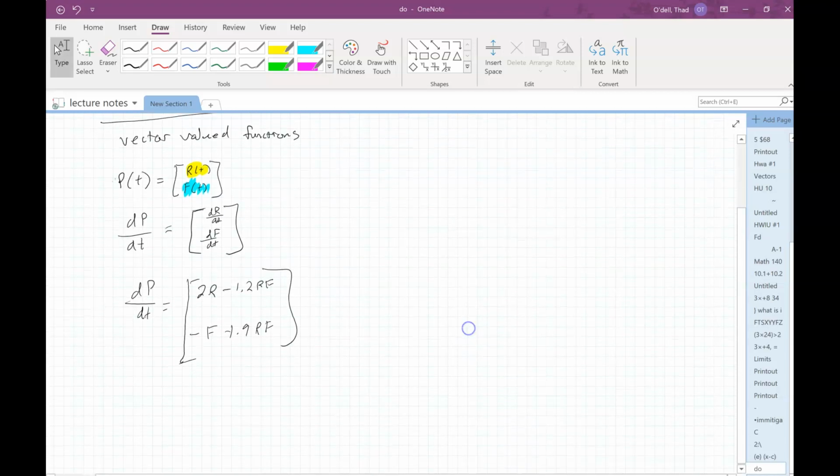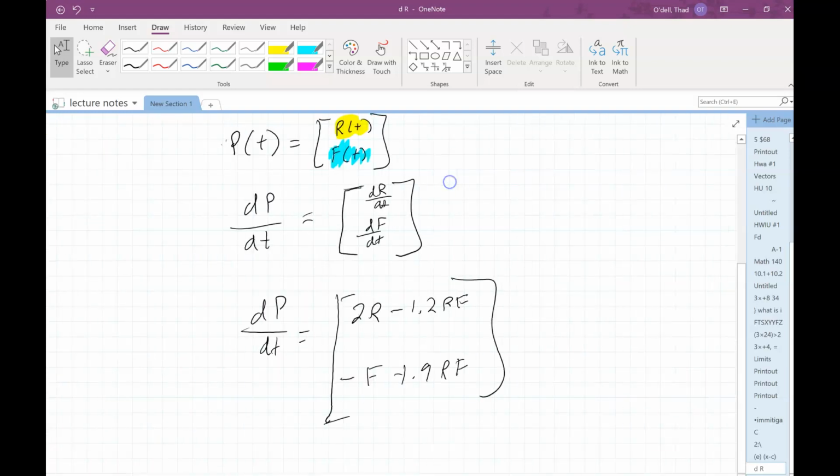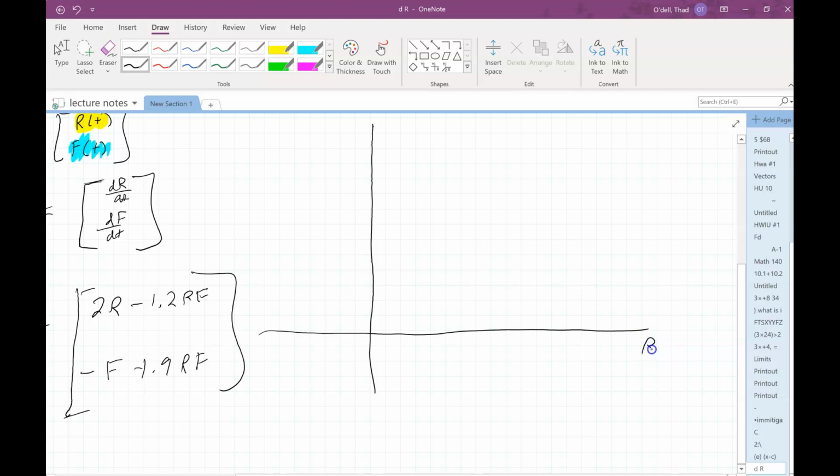Now, what the vector field does is it assigns a vector to each point in the field, very similar to the slope fields we had before. So if we take a nice big plane, we're going to call this the r, or the rabbit axis, and this is the f, or the fox axis.